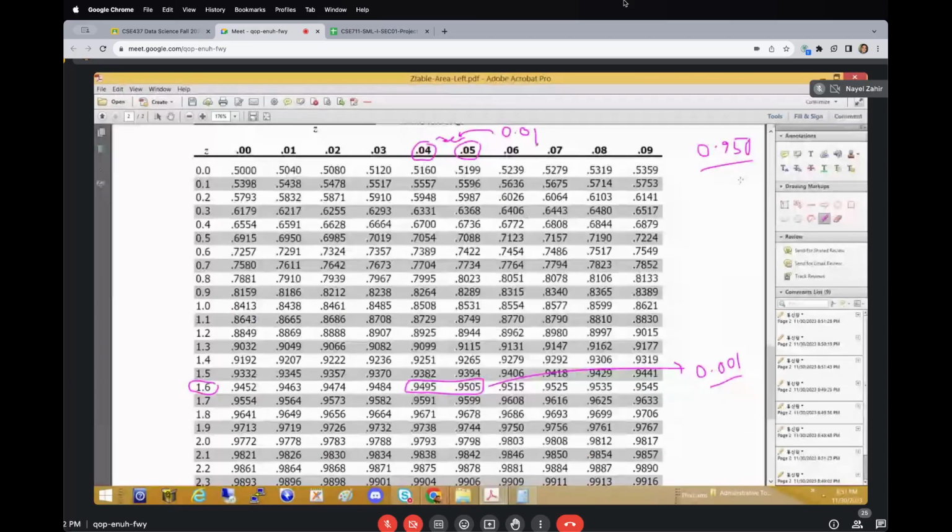In this case, we can see here it is 0.9495. Okay, 0.9495.